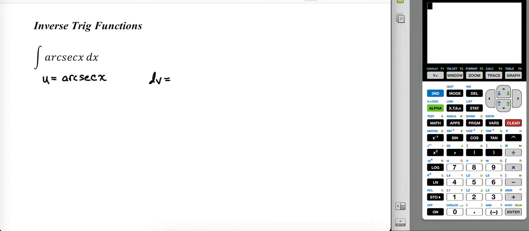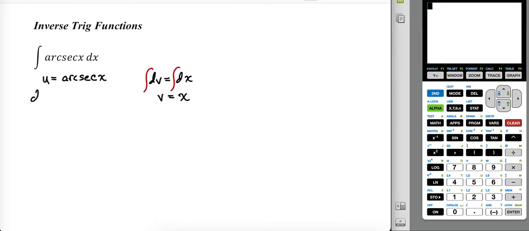Ideally, whatever you select to be u would become simpler when you differentiate it, and whatever you select to be dv would not make things more complicated when you anti-differentiate it. You can't always get what you want, but that's the goal. So the only thing left over is a dx, so that's what dv has to be. So we would say v is equal to x.